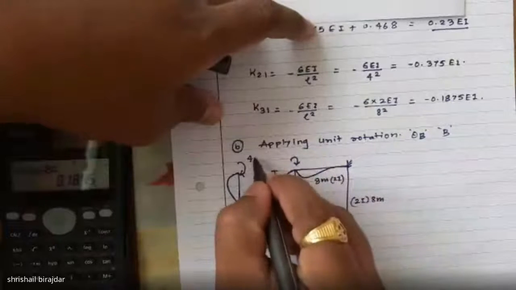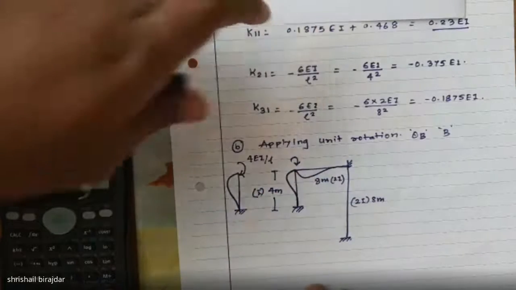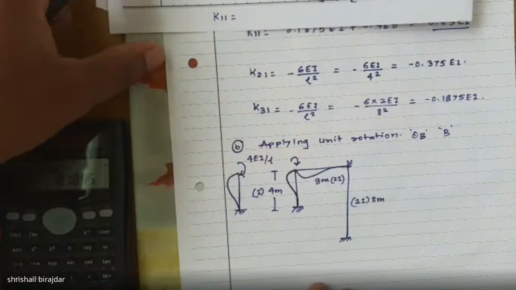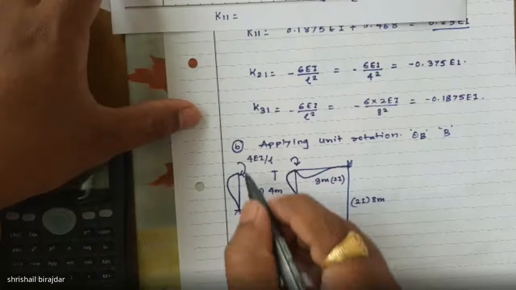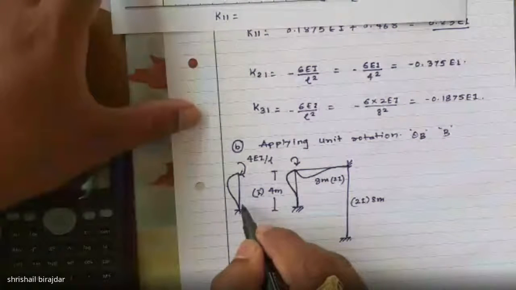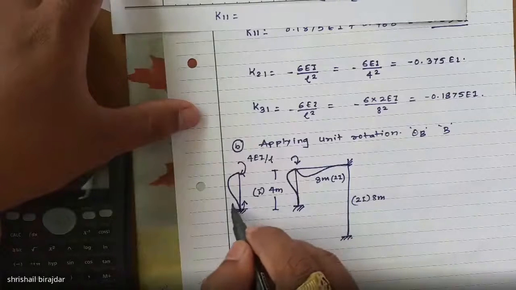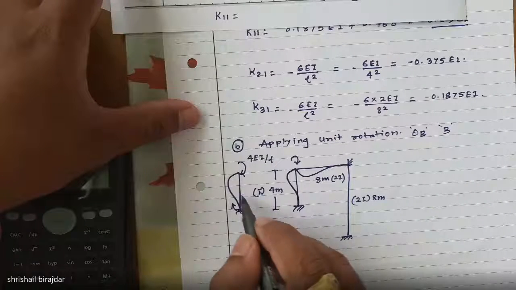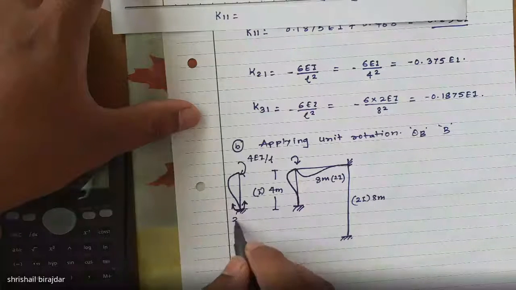You will get exactly 4EI by L. After applying unit rotation to the node, you will get the moment at that particular location as 4EI by L, and exactly opposite to that point, you will get 2EI by L, which is also a positive moment.